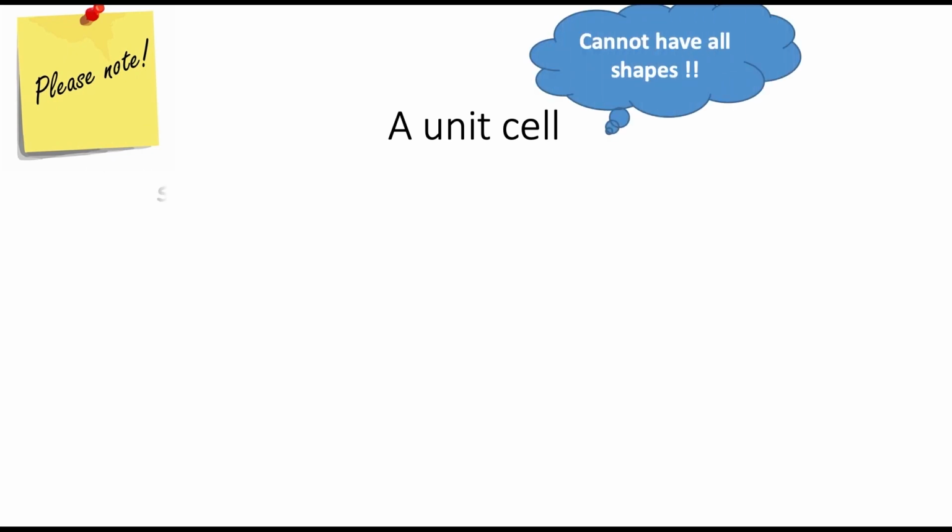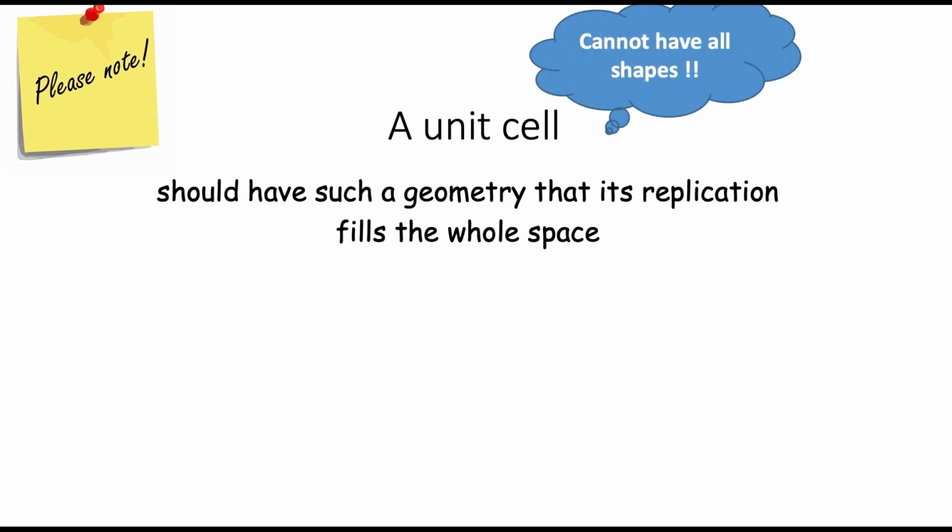A unit cell has another important feature. It cannot assume all shapes. Why? Because a unit cell should have such a geometry that its replication fills the whole space. That means, when a unit cell is arranged periodically in space, there should not be any empty spaces or voids.